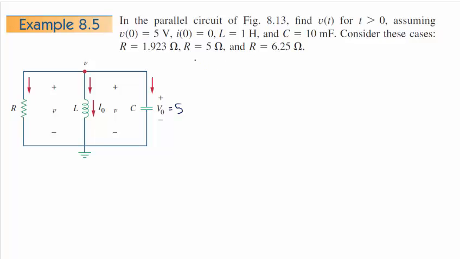We need V at 0 and dV at 0 over dt as initial conditions for a parallel circuit. So we have one of them already. We have this condition right here that I0 is 0 at time 0. And then we have the values of R, L, and C.